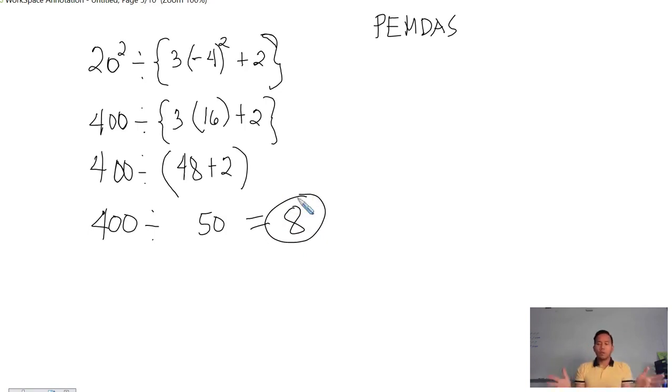So let's summarize the rules. First is PEMDAS: let's start with parenthesis first. This parenthesis refers to one group. It often helps us remember their purpose and rules.